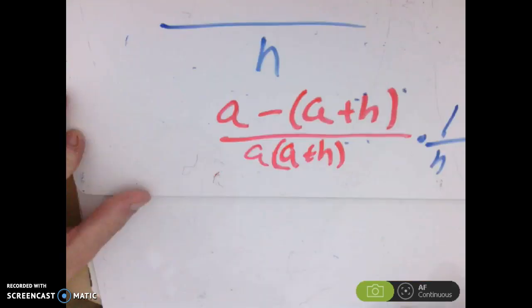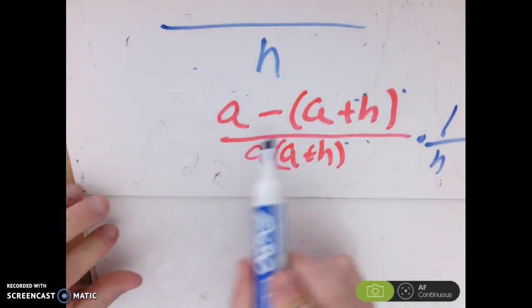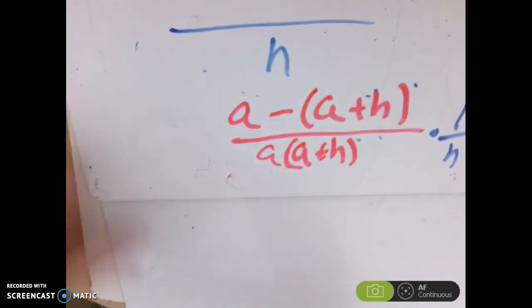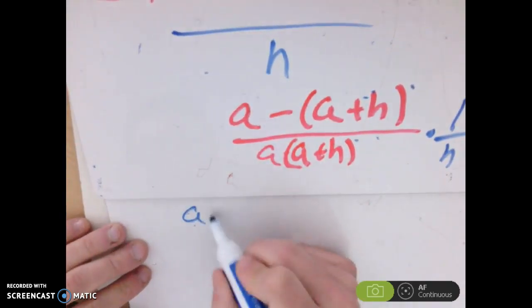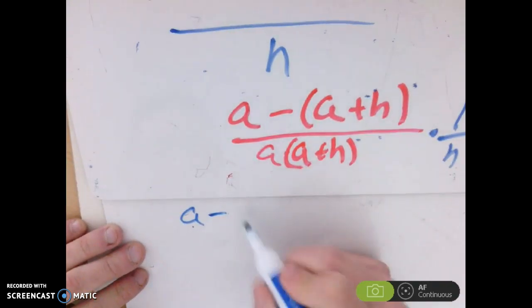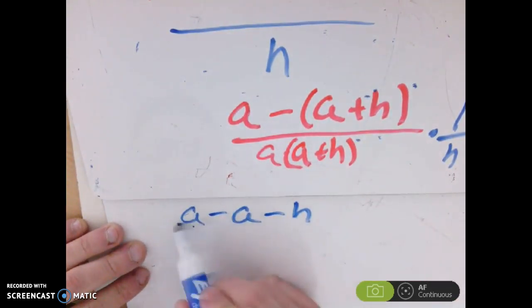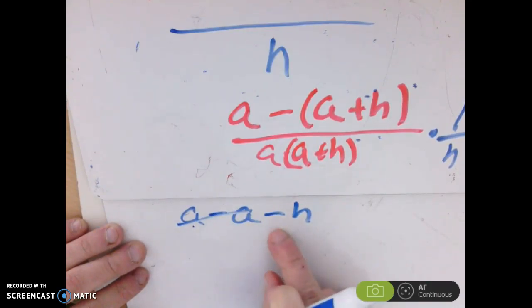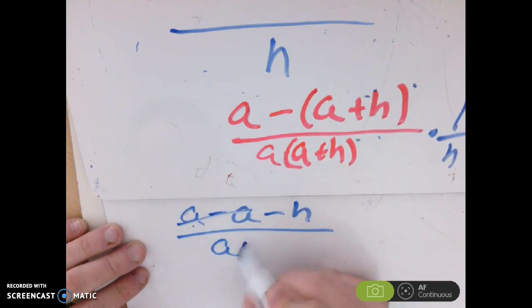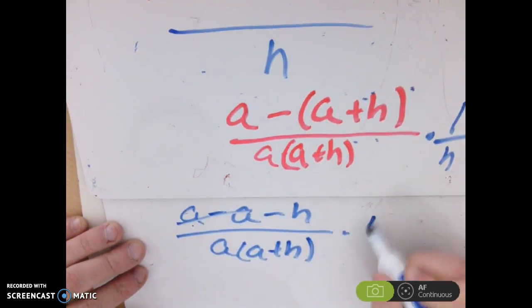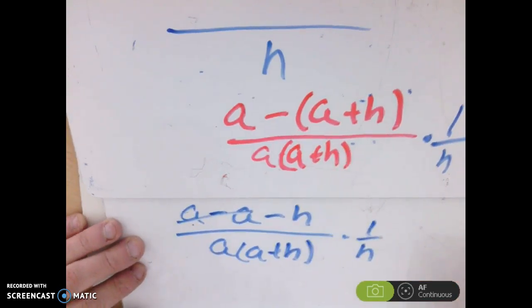So another way to write this a minus a plus h is I can just rewrite this as a minus, and I'm going to distribute the negative sign through, a minus h, but a minus a will cancel out, and I'm just going to be left with negative h over a times a plus h times 1 over h.